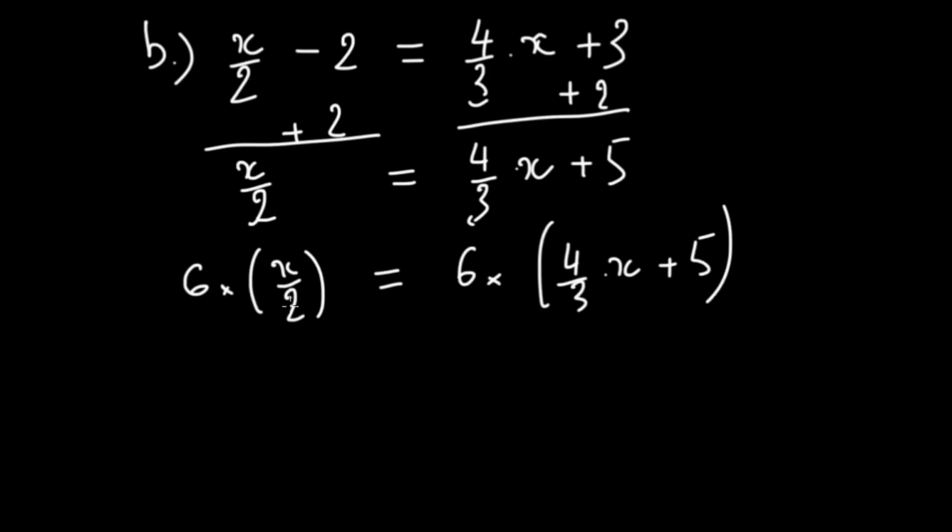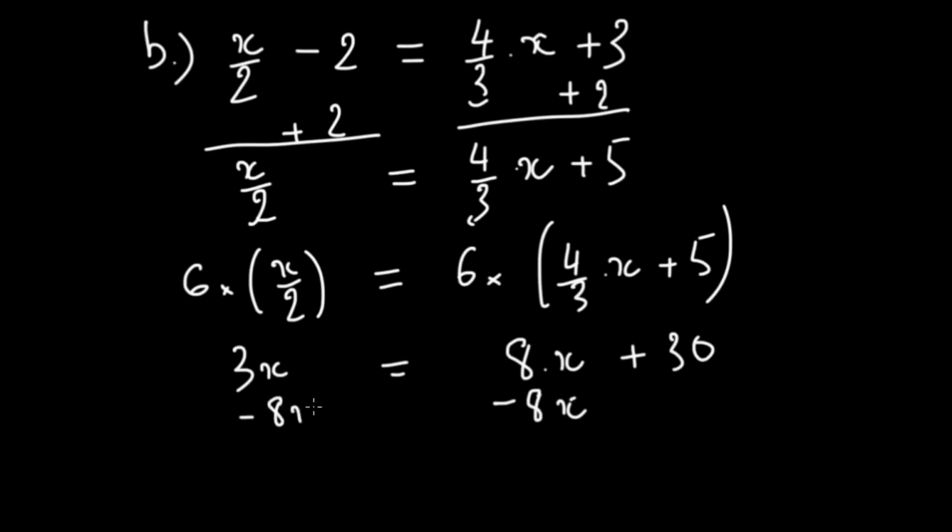Now 6 divided by 2, you got 3x. 6 divided by 3, you got 2. 2 times 4, you got 8x. Plus 6 times 5 is 30. You got 30 right here. We subtract both sides by 8x. The right hand side you can see you have 0x plus 30.